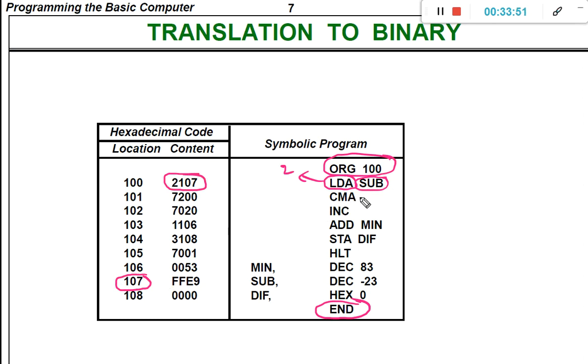Next command is CMA, the complement accumulator command. Directly we know the code for complement accumulator register: 7200. Next, the increment command. Directly we know the code for increment: 7020. Next, ADD min.